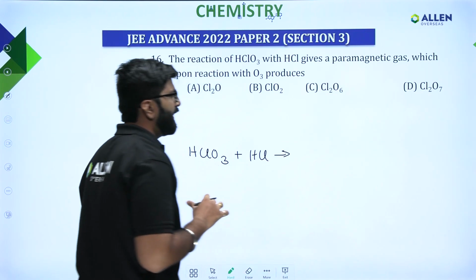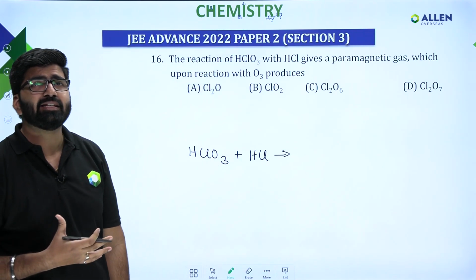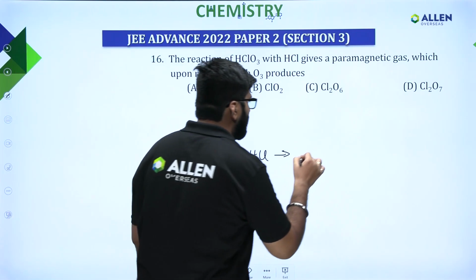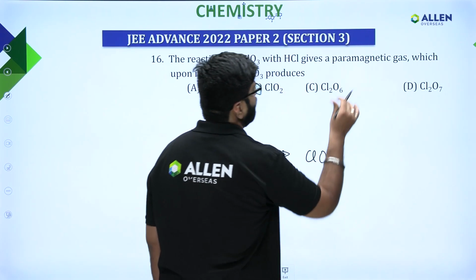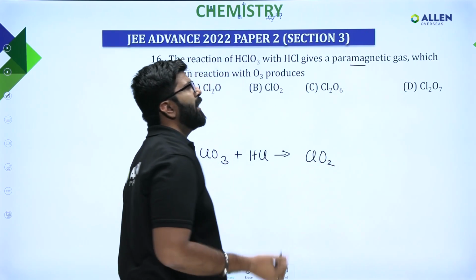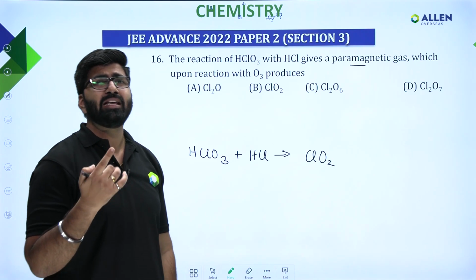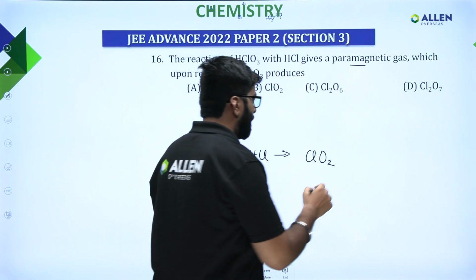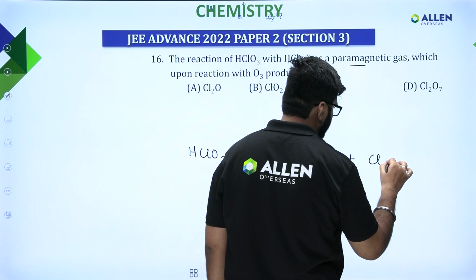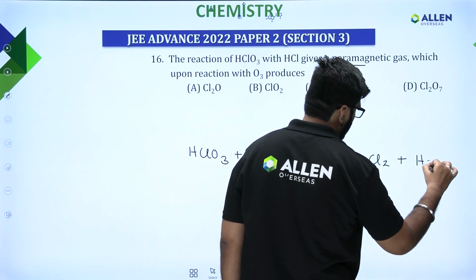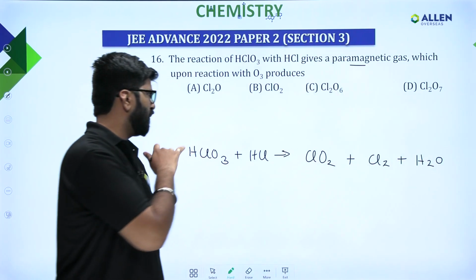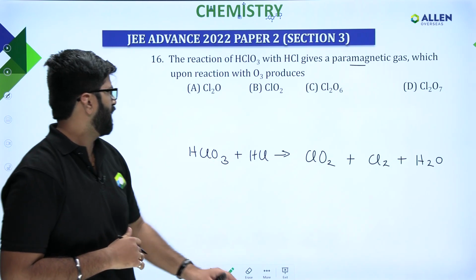What's the product that will be produced? In this case, we are going to get ClO2, because they have given us a hint which is paramagnetic gas, and we know ClO2 is a paramagnetic gas, plus Cl2 plus H2O. First, see whether the reaction is balanced. No, it is not. Yes, it is not.